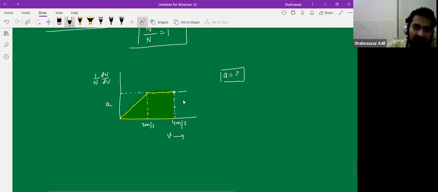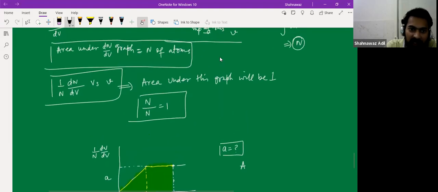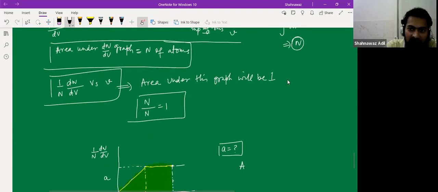We discussed this already. So the area of this graph will be what? 1, right guys?